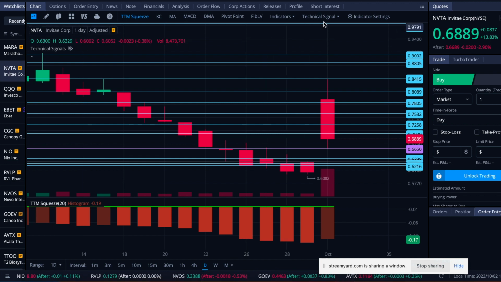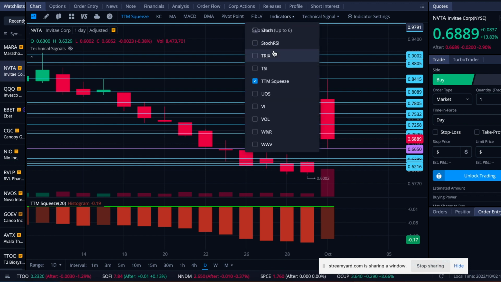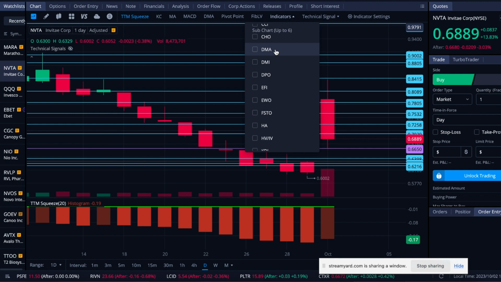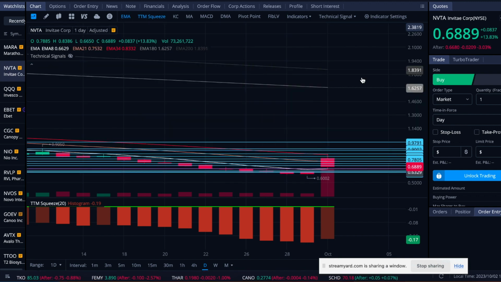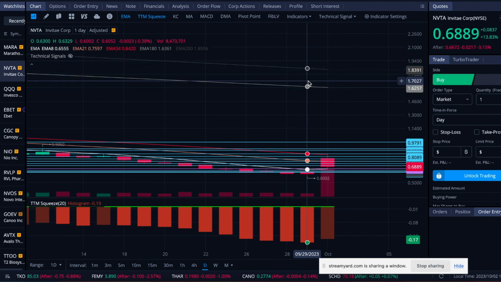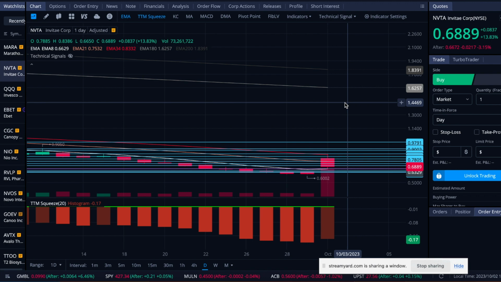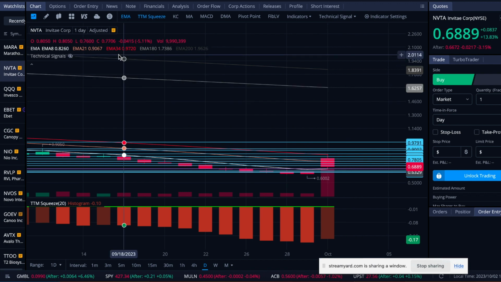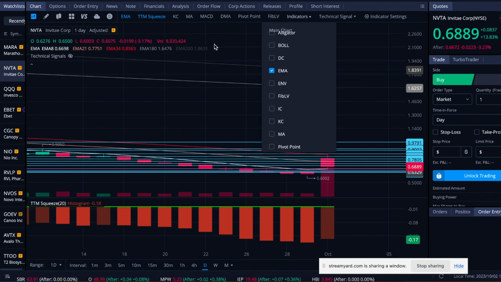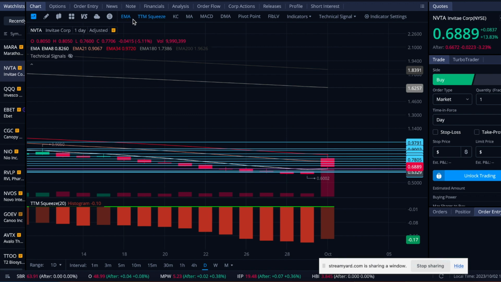Now, the other thing I would look at here, since we don't have the Thinkorswim at the moment, would be the EMAs up here. This is the 180 to 200, what would typically be a cloud on my Thinkorswim setup. So if we sort of get rid of those for the moment, we can take a look.